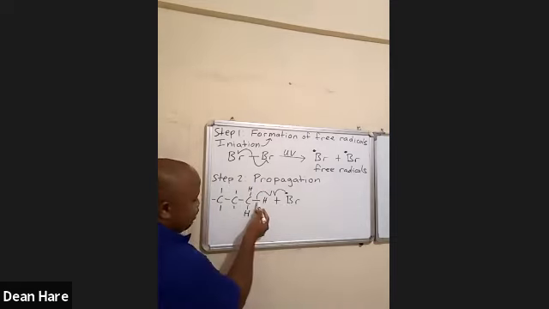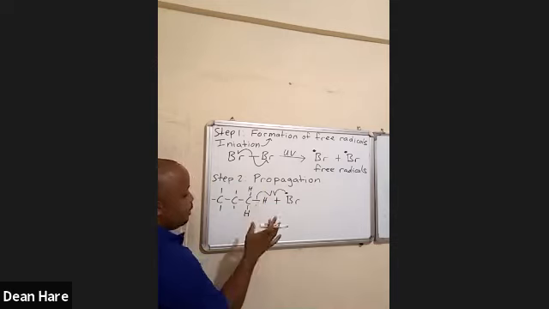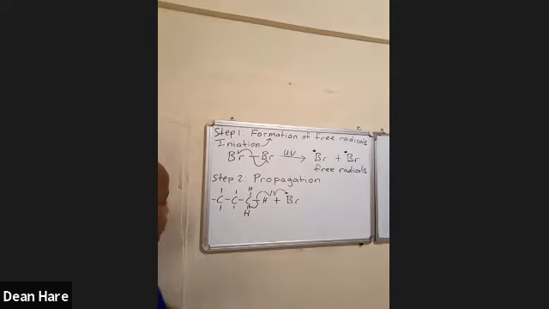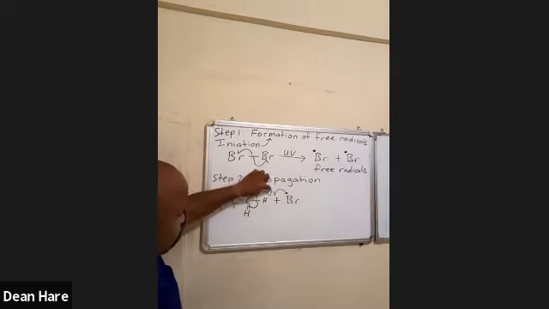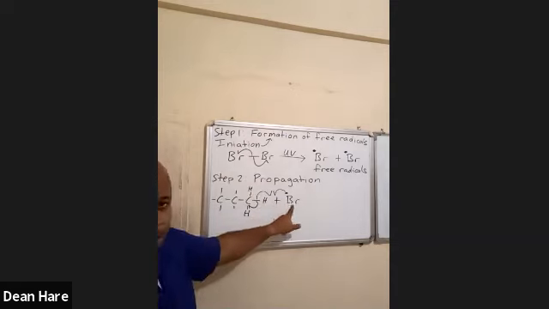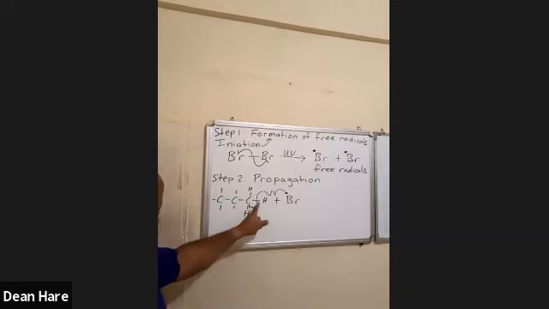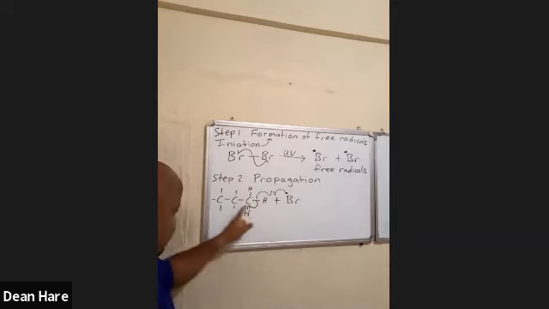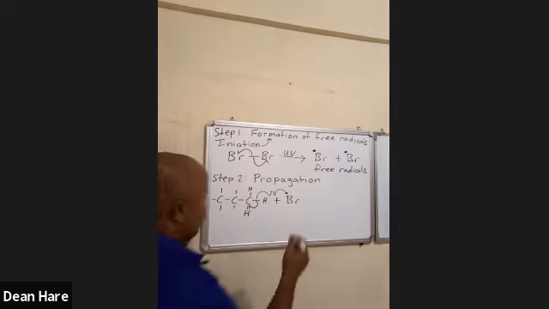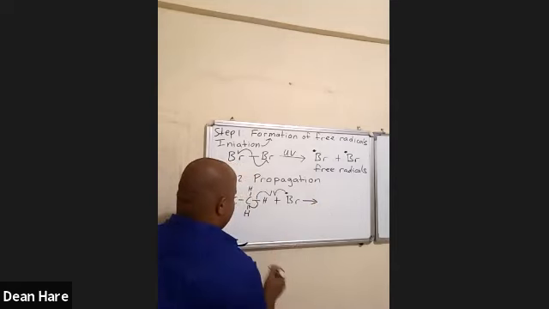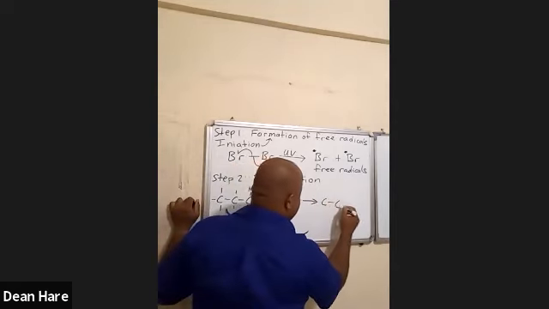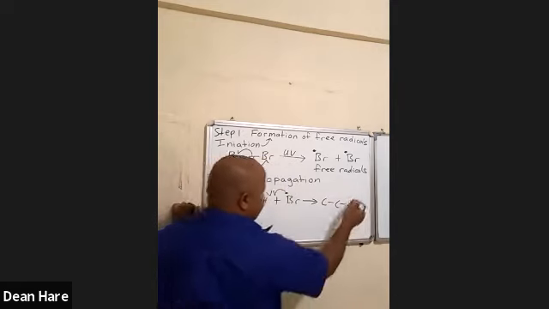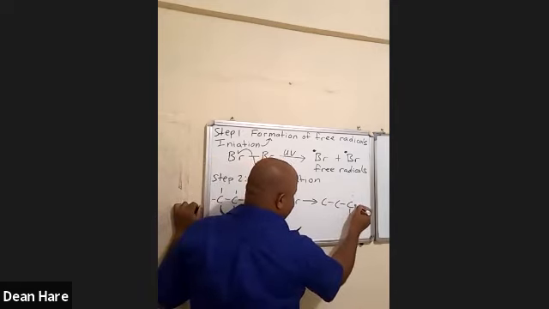Now this bond is being broken homolytically. That means carbon must get an electron as well. So the hydrogen removes its electron to form the bond with bromine, and the electron that belongs to carbon, we give it back to carbon. And so in the product, you are going to have the carbon atom with an electron.